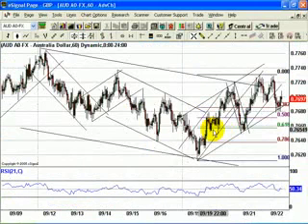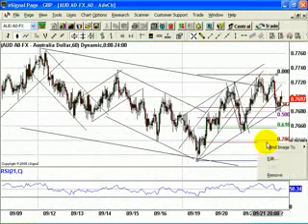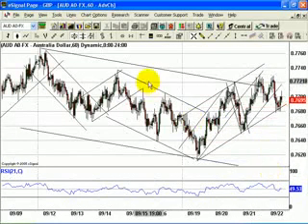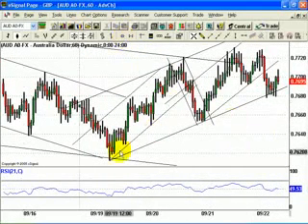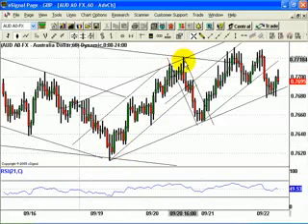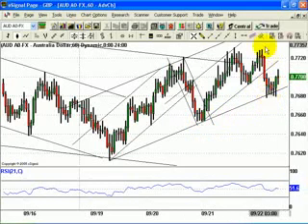Just having a quick look at also the short-term trend, the chart that we draw lines on. We can see here we've had this move from point A, B, C, A, B, C. So as the market moved up to this point here and came down, we could take a measurement from here to predict where we might find support for this move.